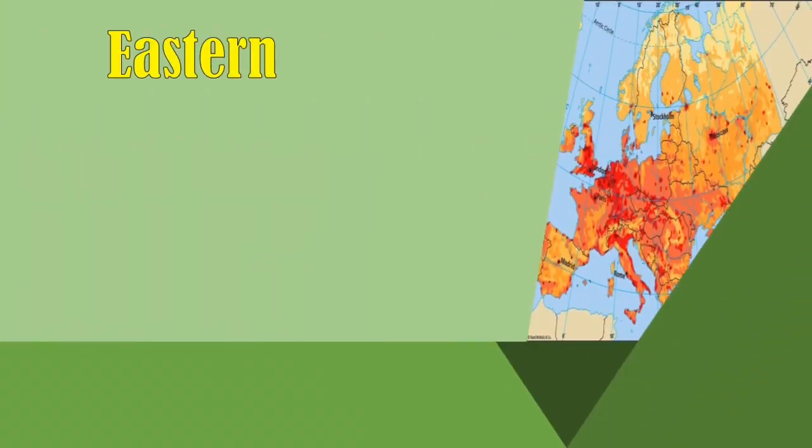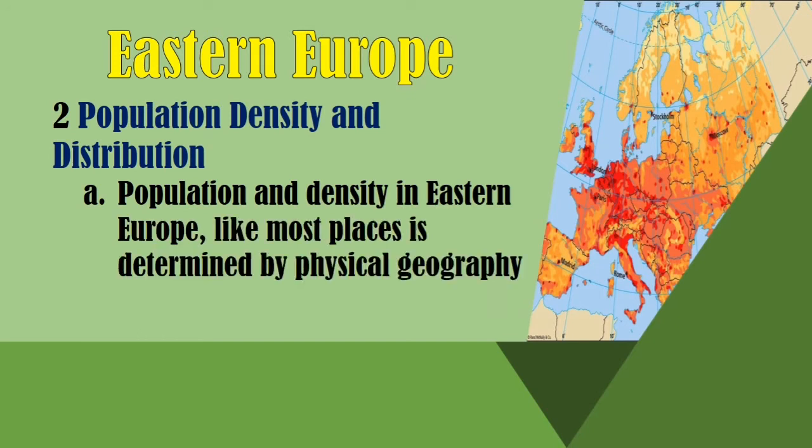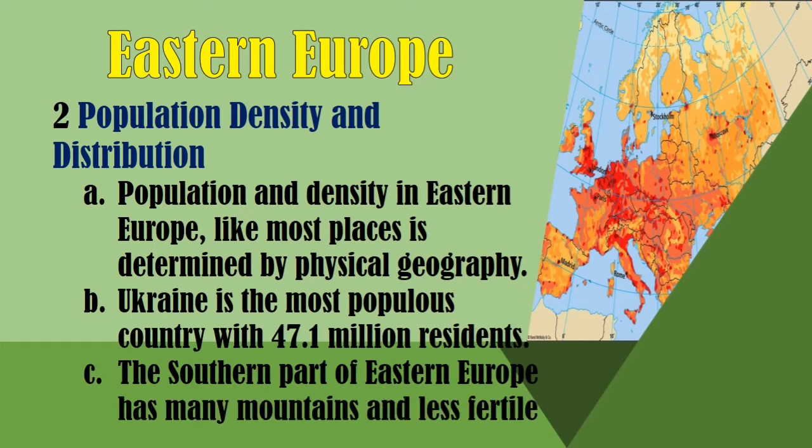Regarding their population density and distribution, the population and density in Eastern Europe, like most places, is determined by physical geography. Areas in the north have fertile flatlands and water resources, and so they have high populations. Ukraine is the most populous country with 47.1 million residents.